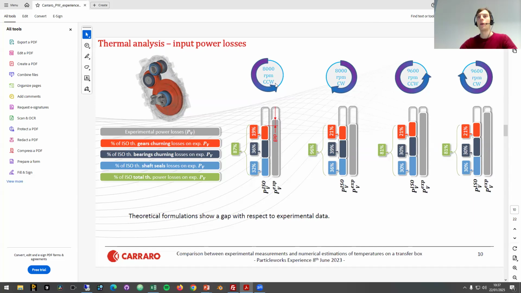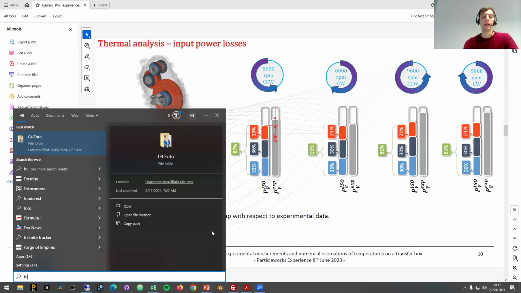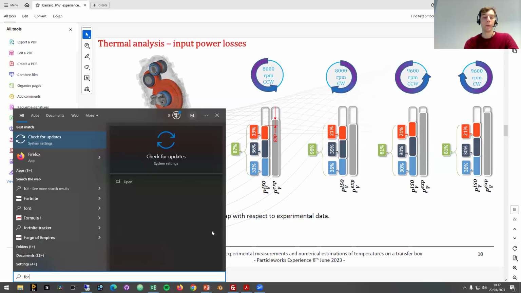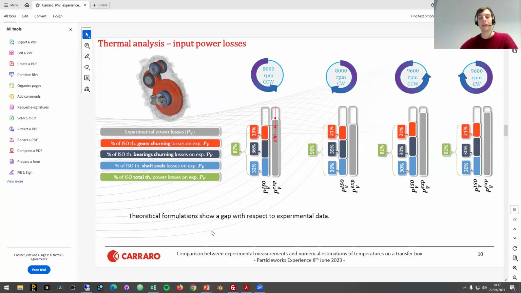Carlo asked how we managed to couple Particleworks with Recordine, and actually this coupling is already present. The two software are already built to work together. There is a coupling designed by the two software houses, so Particleworks and Recordine are coupled.